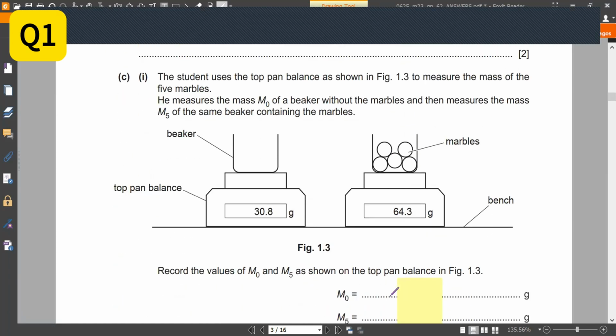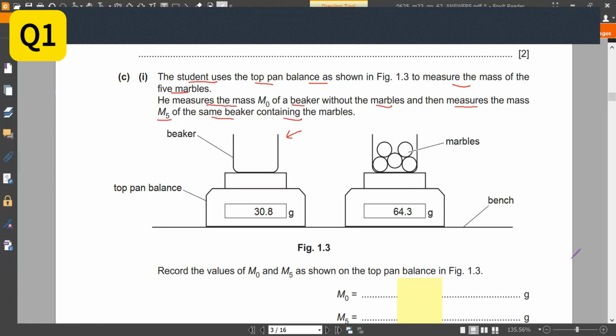Next part. So the student uses the top pan balance. So here we are measuring mass. Top pan balance to measure the mass of the 5 marbles. He measures the mass of the empty beaker, without the marbles, and then measures the mass M5, the same beaker containing the marbles.